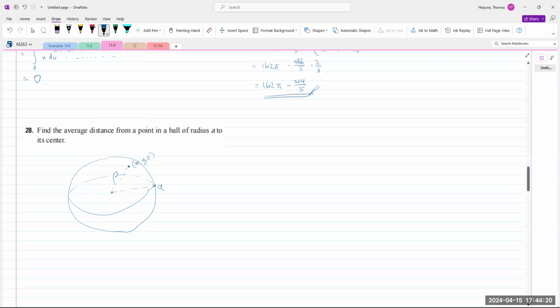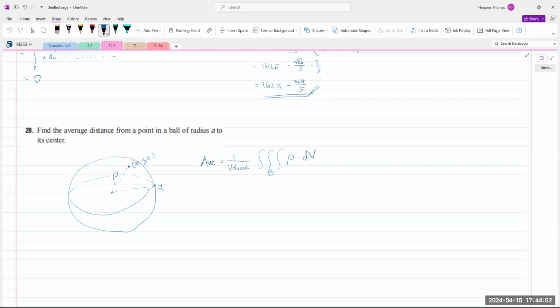Okay, so the average is equal to 1 over the volume, right, of the triple integral over that ball B of the distance rho times dV. Is it right?